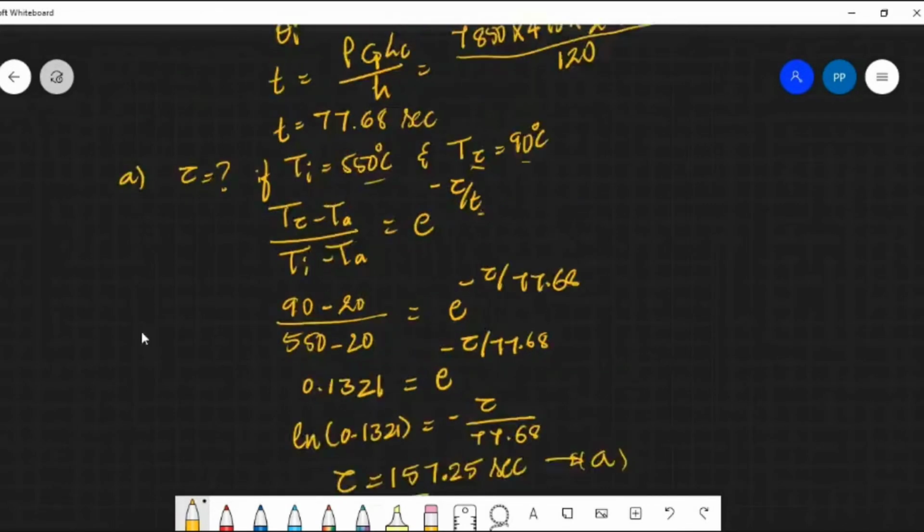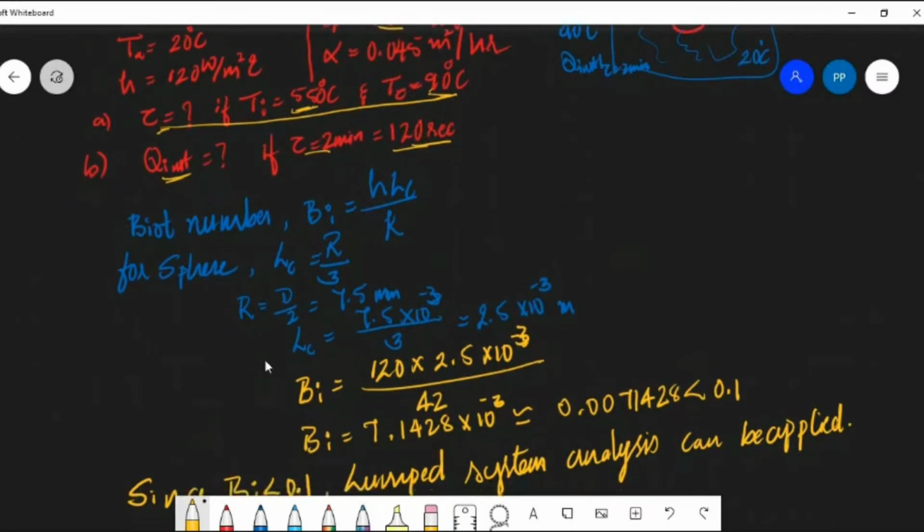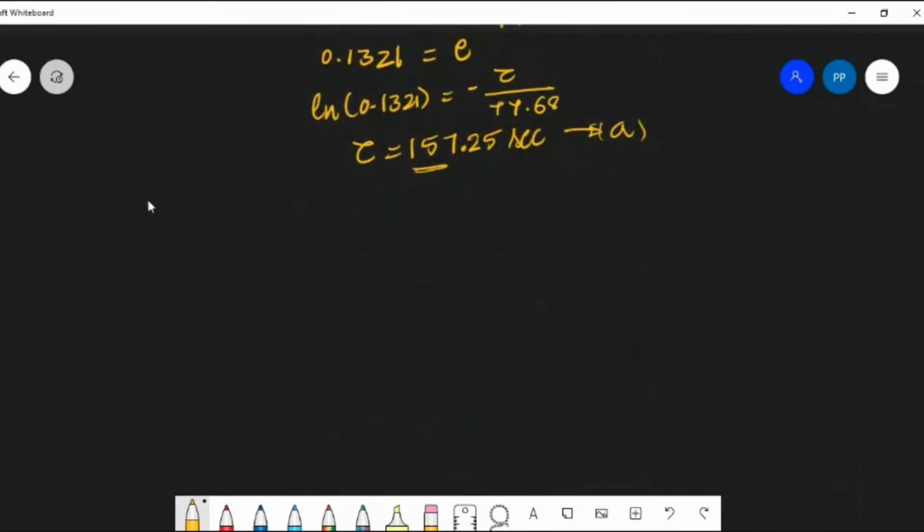Now we have another case where we need to find out the instantaneous heat transfer rate if time is 120 seconds. So for B, we need to find out Q instantaneous if tau equals 2 minutes or 120 seconds.